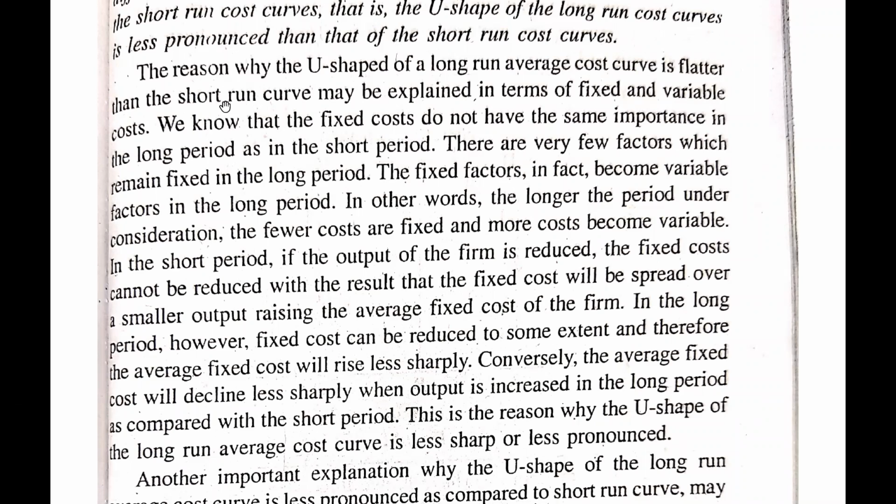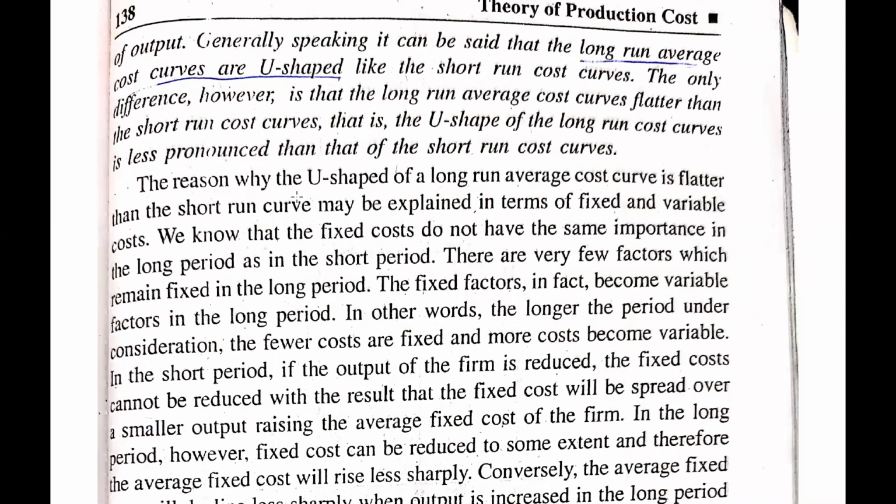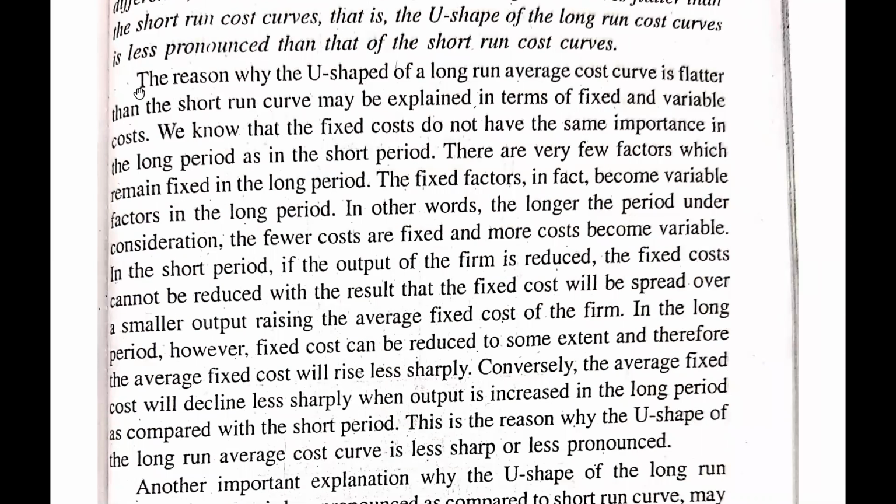Here guys, you need to focus on this paragraph because it consists of all the explanation and all the meanings of the long run average cost curve. So guys, let's see the reason why the U shape of a long run average cost curve is flatter than the short run curve may be explained in terms of fixed and variable cost.